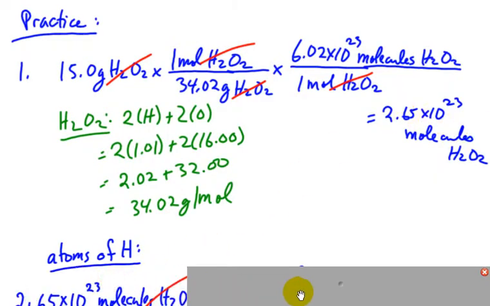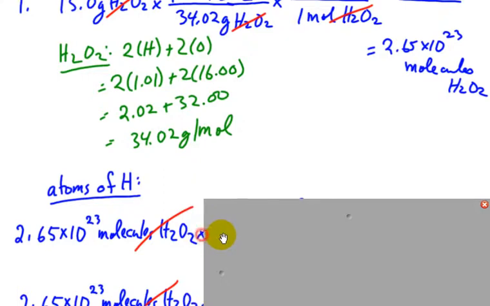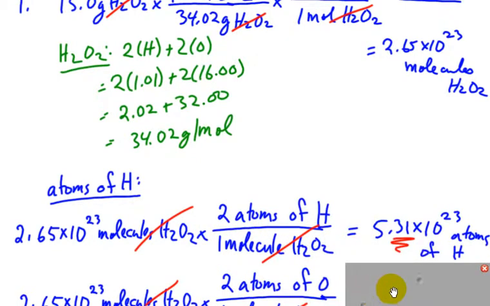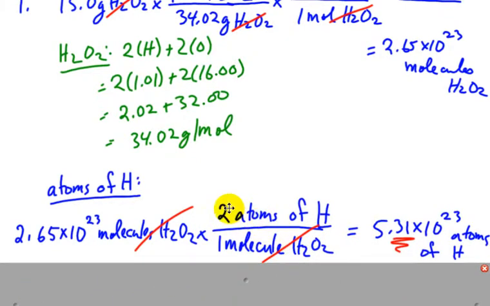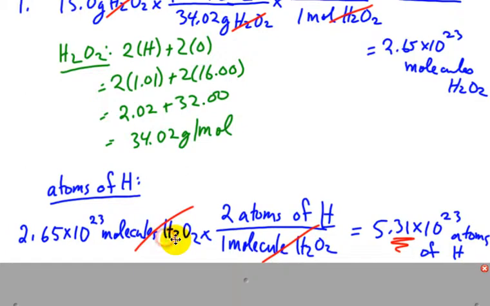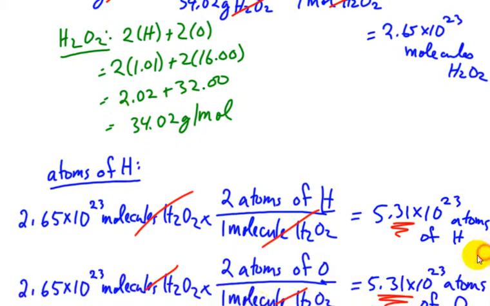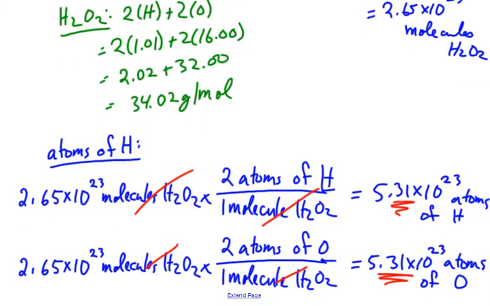So we can see here that for every 1 H2O2 molecule, there are 2 atoms of H. For every 1 molecule of H2O2, there are 2 atoms of H. So this number just simply gets doubled. And as luck would have it, the ratio of oxygen is the same as well. For every 1 molecule of H2O2, we have 2 atoms of O. So we get the same answer there.